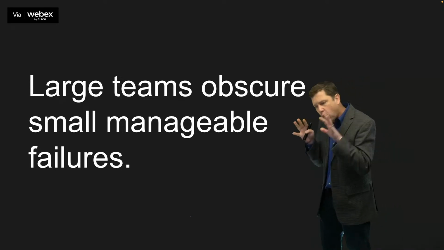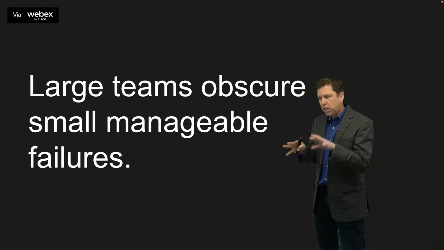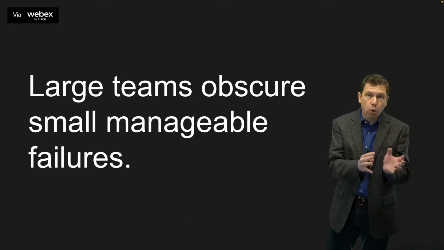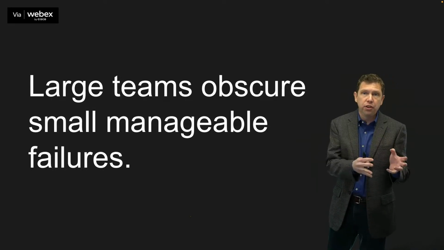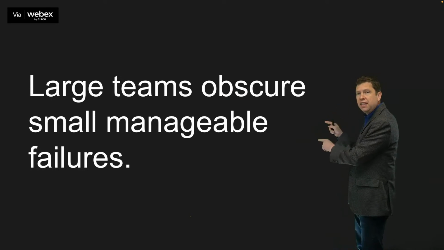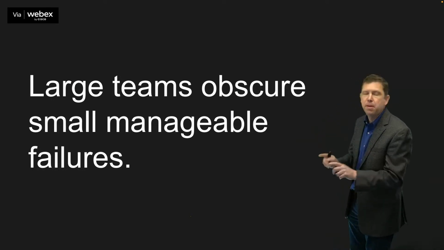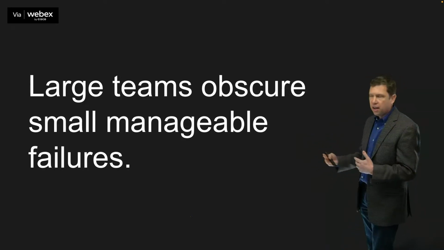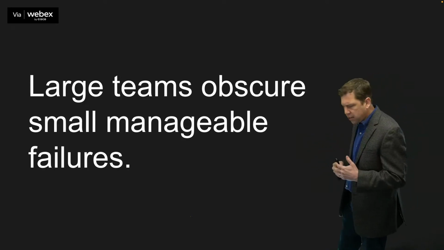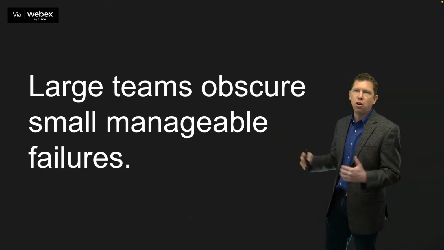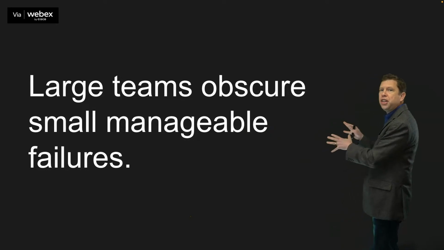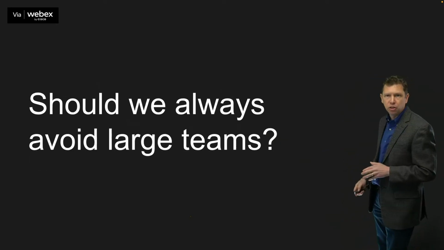And this is one of the reasons that it's really easy to try to scale teams up before it's helpful to them or when it's not helpful to them, because it makes the thing that's showing failure go away because you now obscure it. And so it gives you reasons: oh, well, it'll take us a while to get up to speed because we've got 50 people now, so now we need a year to get up to speed on stuff. But large teams obscure small manageable failures.